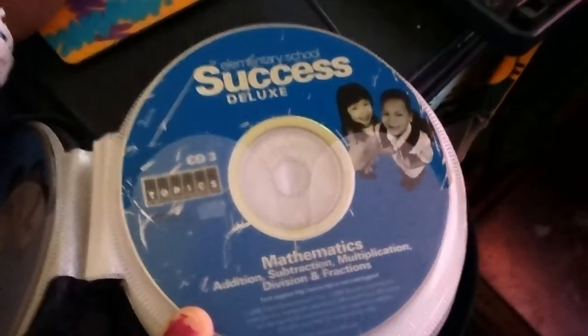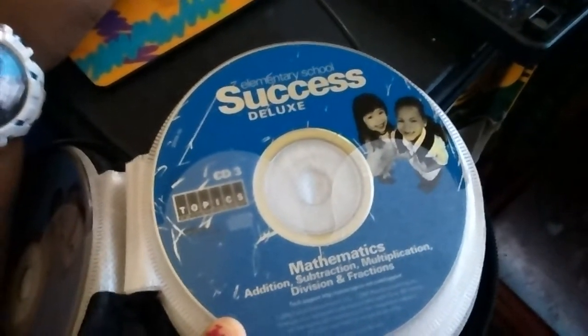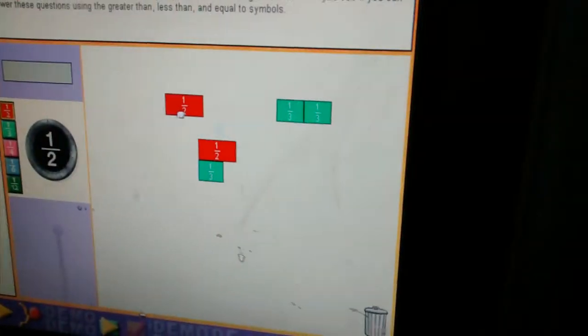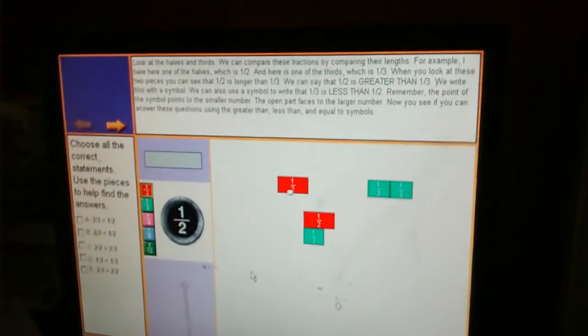We can compare these fractions by comparing their lengths. For example, I have here one of the halves, which is 1/2, and one of the thirds, which is 1/3. When you look at these two pieces, you can see that 1/2 is longer than 1/3. We can say that 1/2 is greater than 1/3.